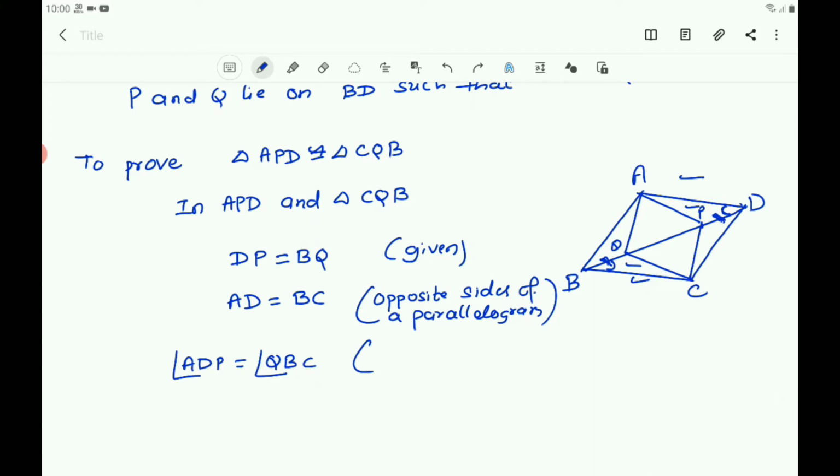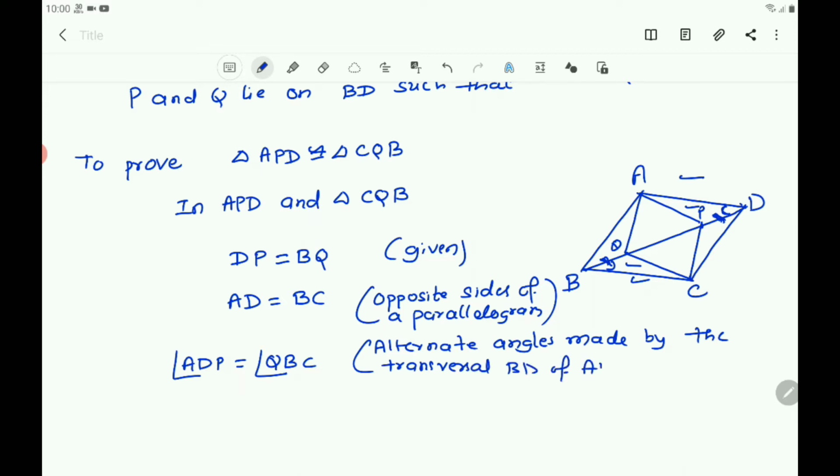So you write alternate interior angles or alternate angles made by the transversal BD of AD parallel to BC, as ABCD is a parallelogram.